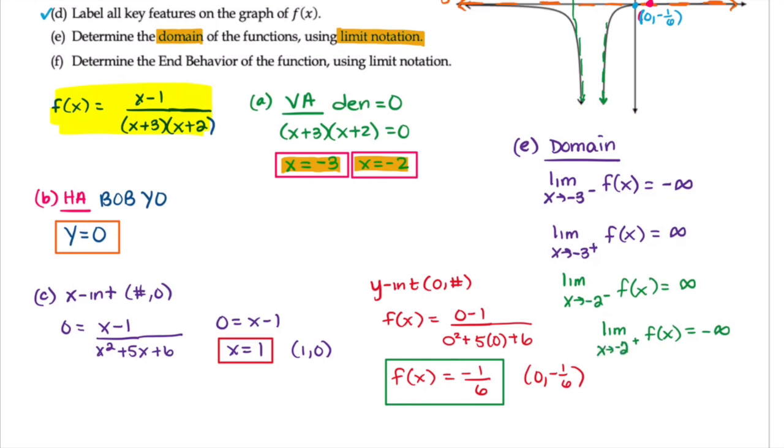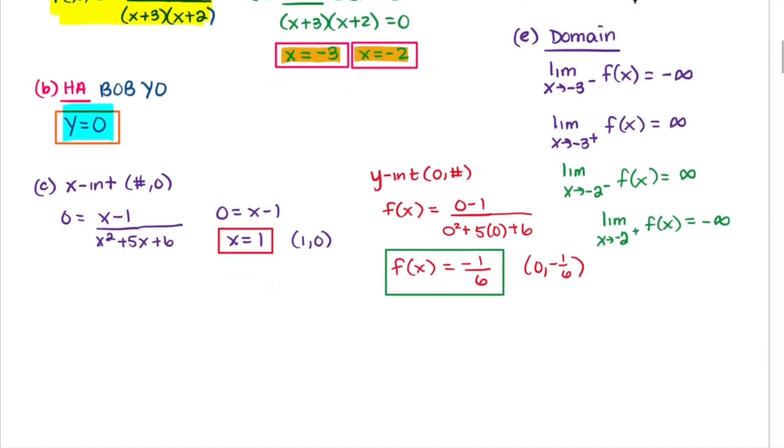The last thing that we want to do is determine the end behavior of this function, and we want to again use limit notation. The end behavior of rational functions is awesome because it is always going to be equal to that HA.